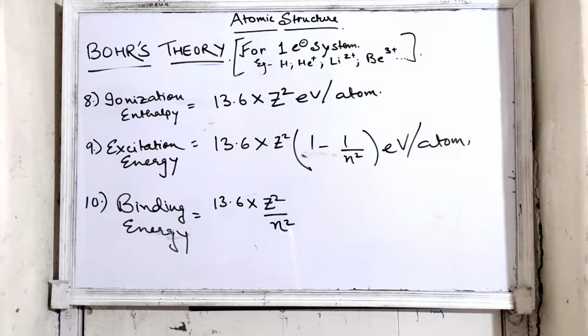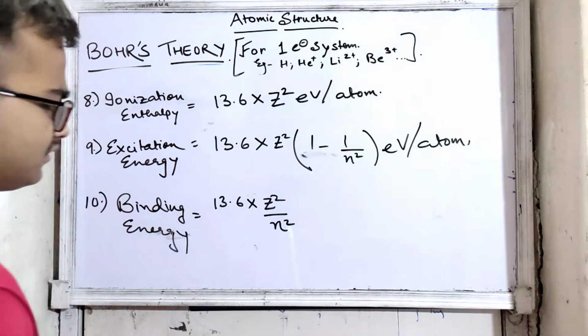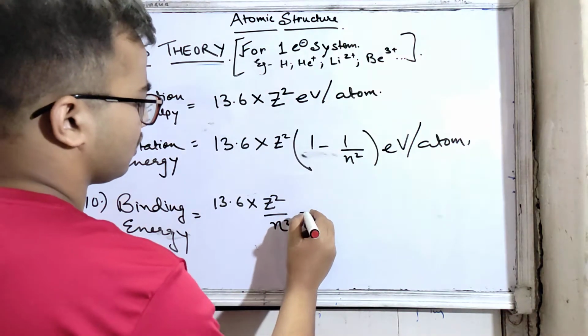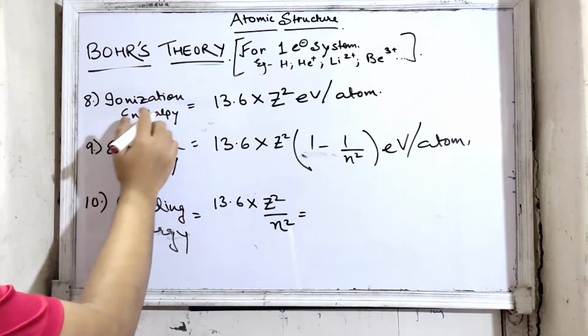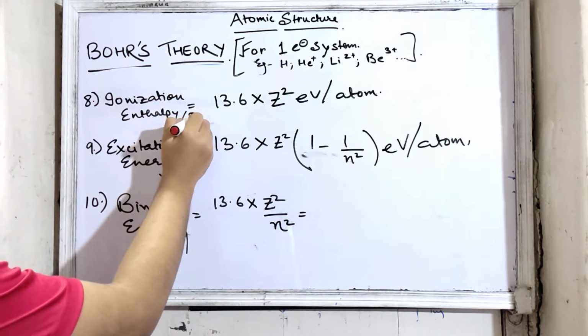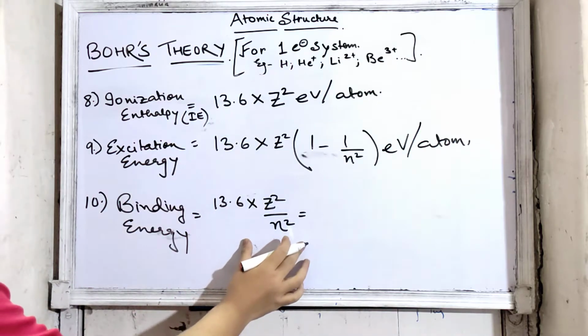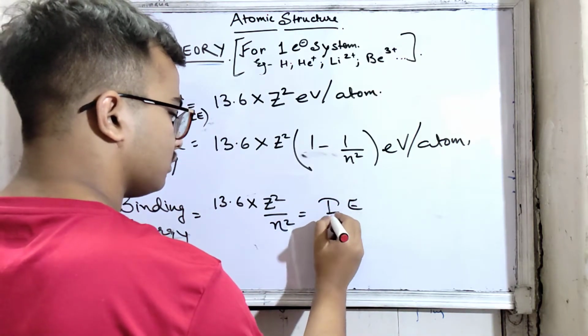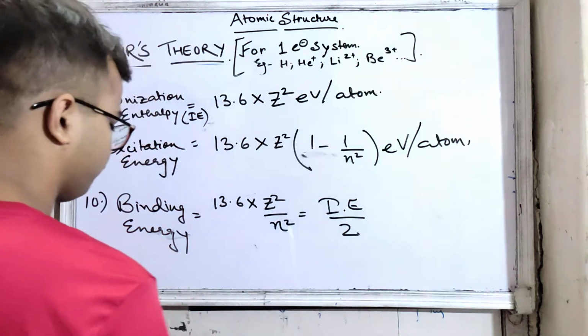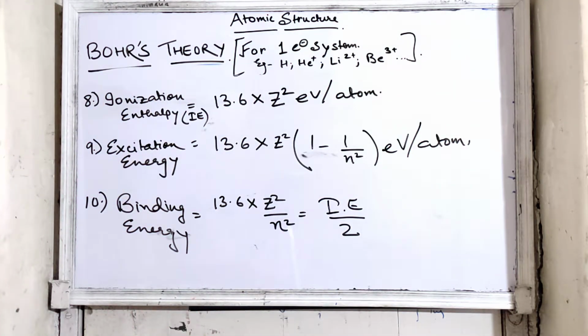Clear up to this much, right? So compare this thing and this thing. If ionization energy I take it as IE, so I can say here binding energy is equal to IE by 2, right?